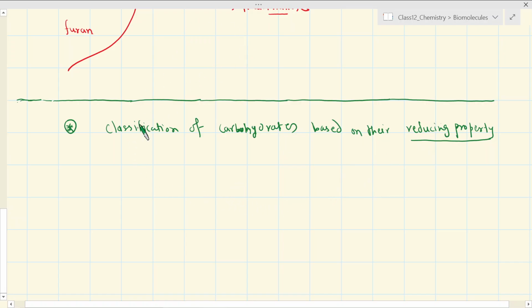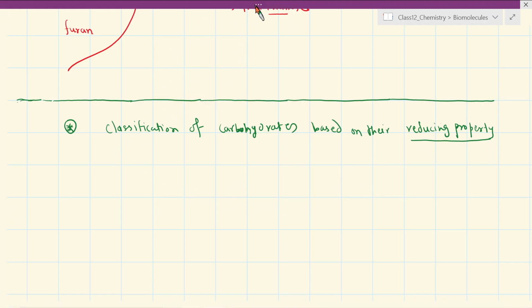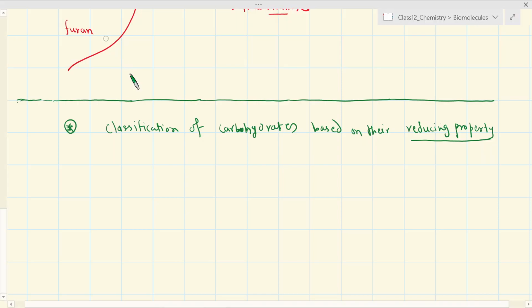There is a reaction we have looked at in the chapter on carbonyl compounds, and there were two reactions highlighted there. In fact, they were both reactions only for aldehyde. So there is something called the reaction with Tollens reagent.